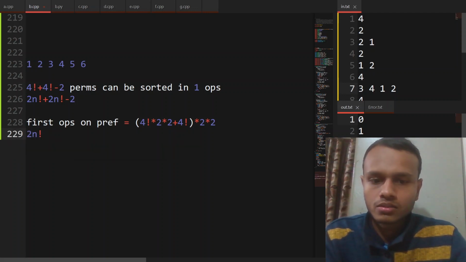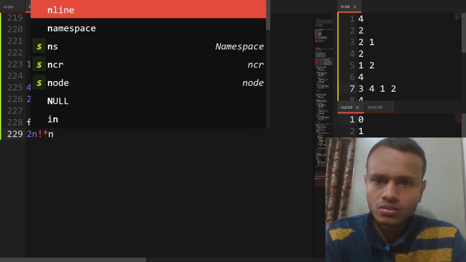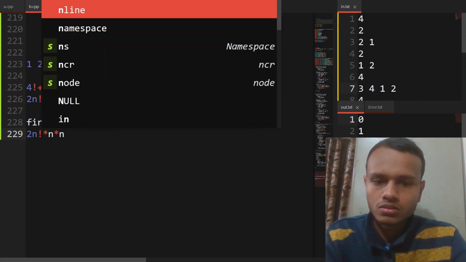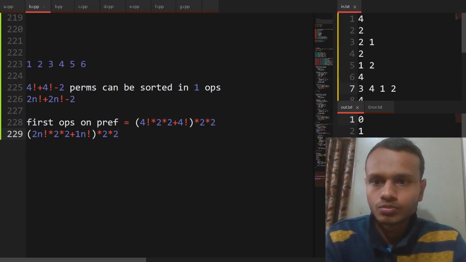And this thing times n plus 2n factorial. But this should be just 2, I think. Times 2 times 2. I think this should be n only.